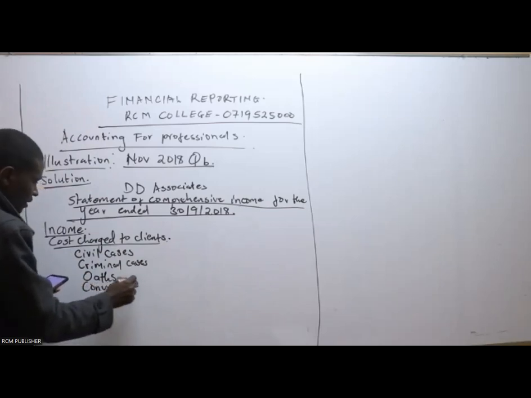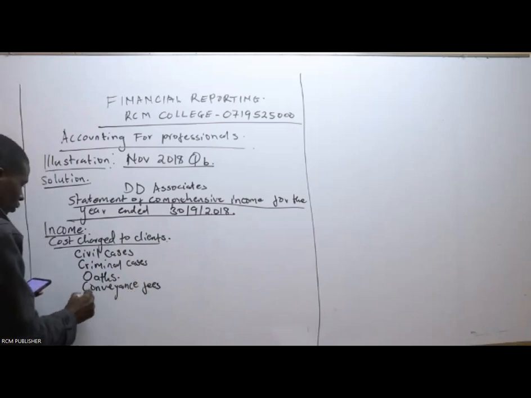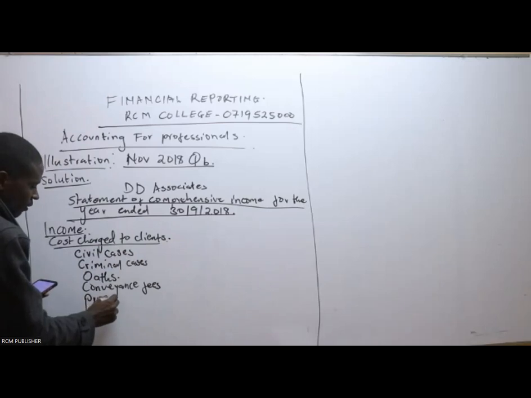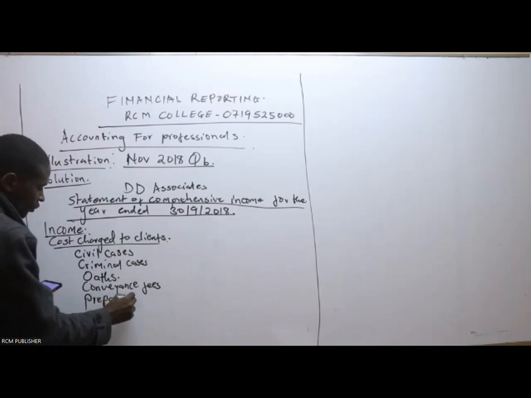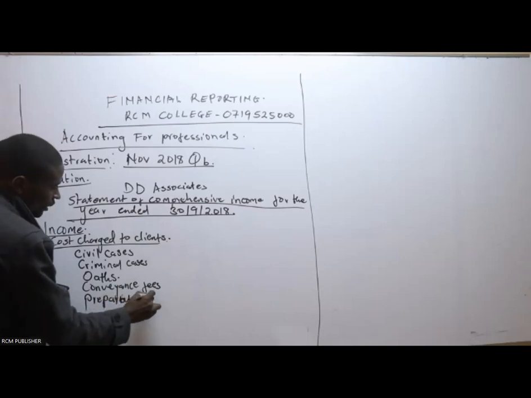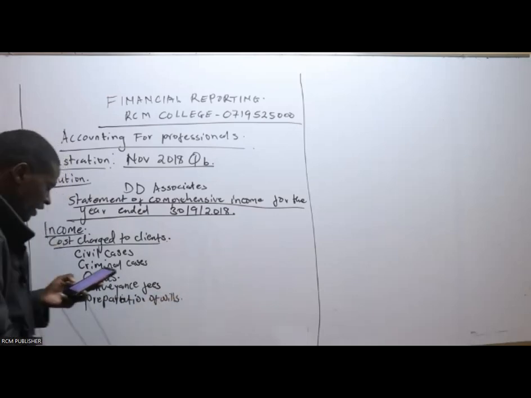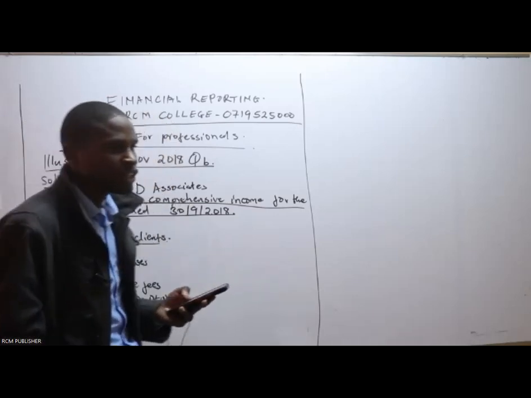It's just easy. Preparation of wills. They help you to prepare the will, and you're going to pay some charges. Then, do we have any other? We don't have any other charge.